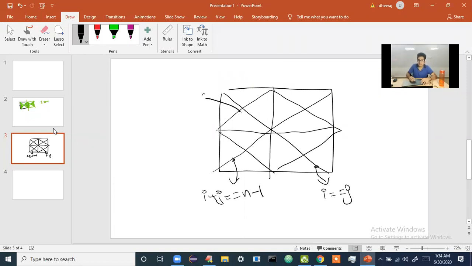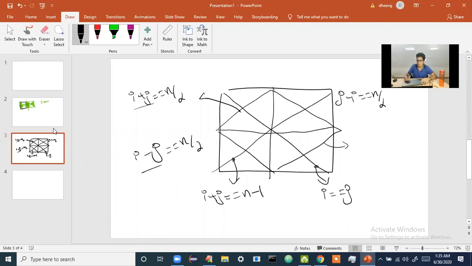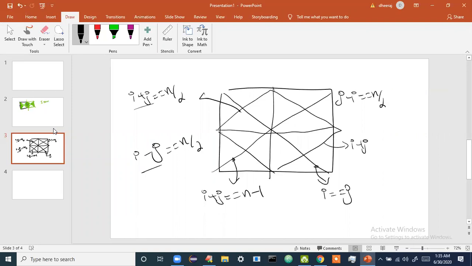It is I plus j equal to n by 2. If this is I plus j, here it is I minus j equal to n by 2. If this is I minus j, here it is j minus I equal to n by 2. And this one is I plus j equals n plus n by 2 minus 1, minus I, minus 1.